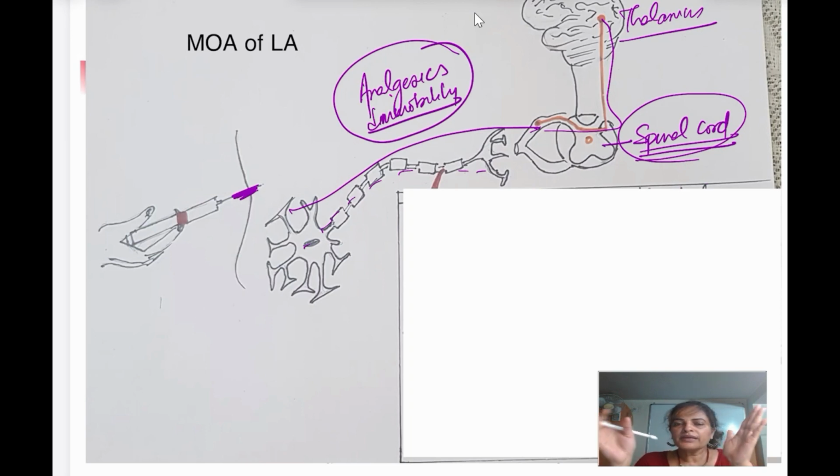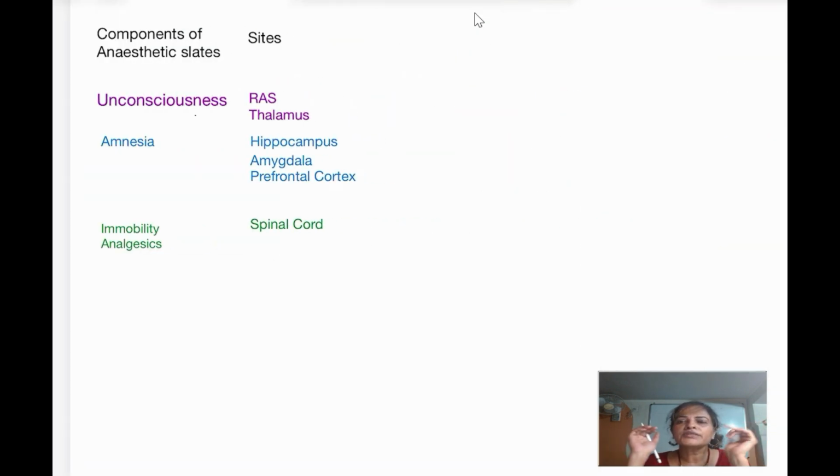So what I have explained earlier, the various components of general anesthetic involve action at various sites. So these are the components of the general anesthetic. You can see here the various components of the anesthetic. I'll highlight it. Okay, the components of anesthetic, कौन से component हैं?